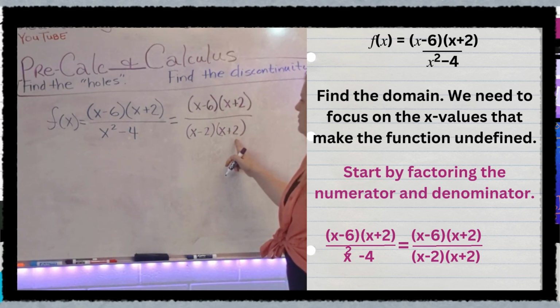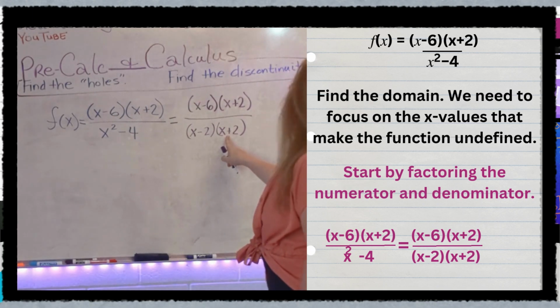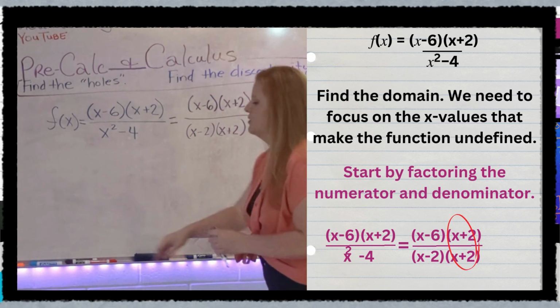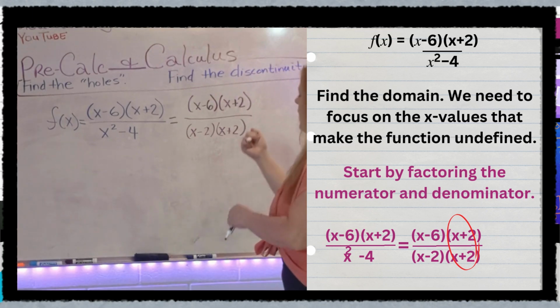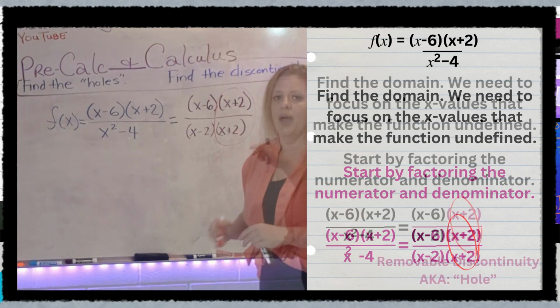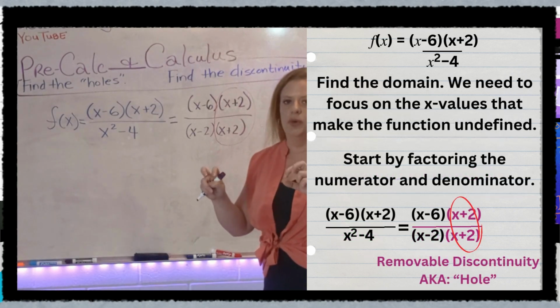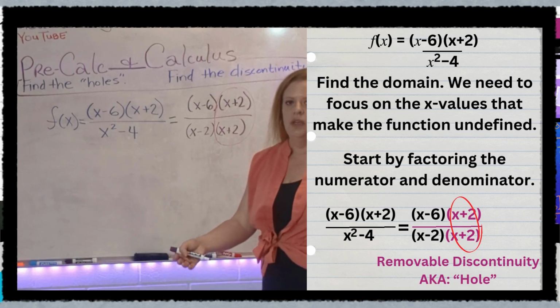So now we have on our denominator x minus 2 and x plus 2. I notice, I'll use a different color, that I do have x plus 2 on the top and bottom. Since I have them on top and bottom, that's a removable discontinuity or a hole, okay?